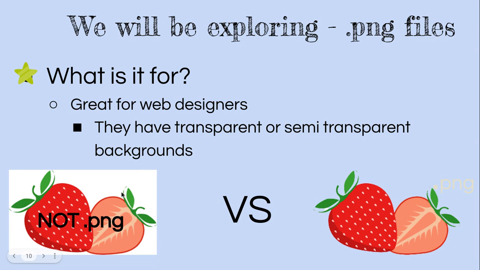This would be like a JPEG because this has this background behind. So it looks like I plopped a label right there. Okay. So you'll always know that the strawberries are stuck on the slide and they didn't actually naturally come on the slide. So for your notes, they're great because they have transparent or semi-transparent backgrounds.